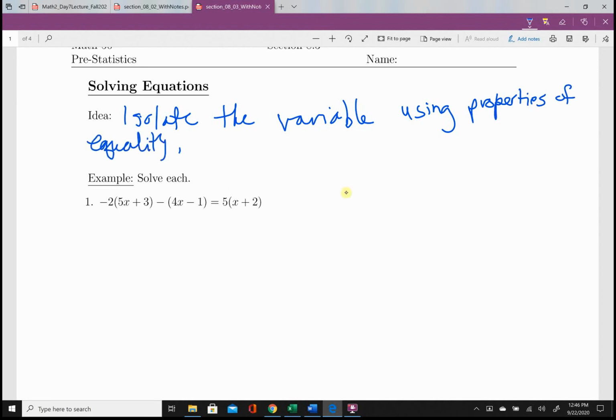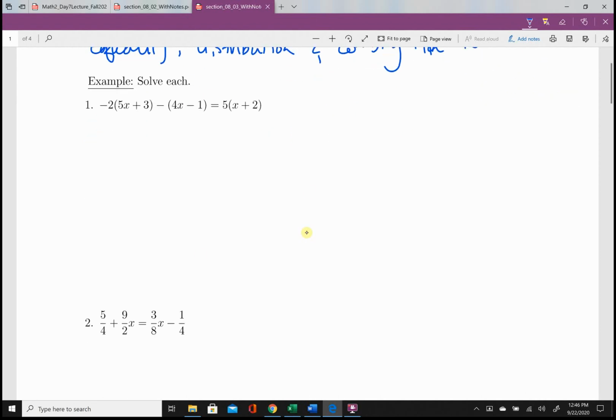Furthermore, we might need to use distribution and combining like terms. Okay. Handwriting is getting more and more terrible as we go. All right, but let's go ahead and tackle this.